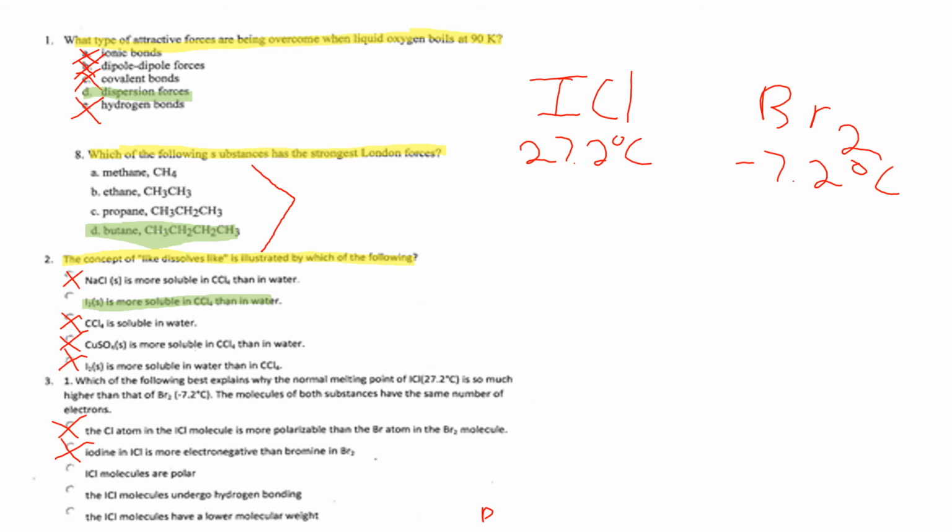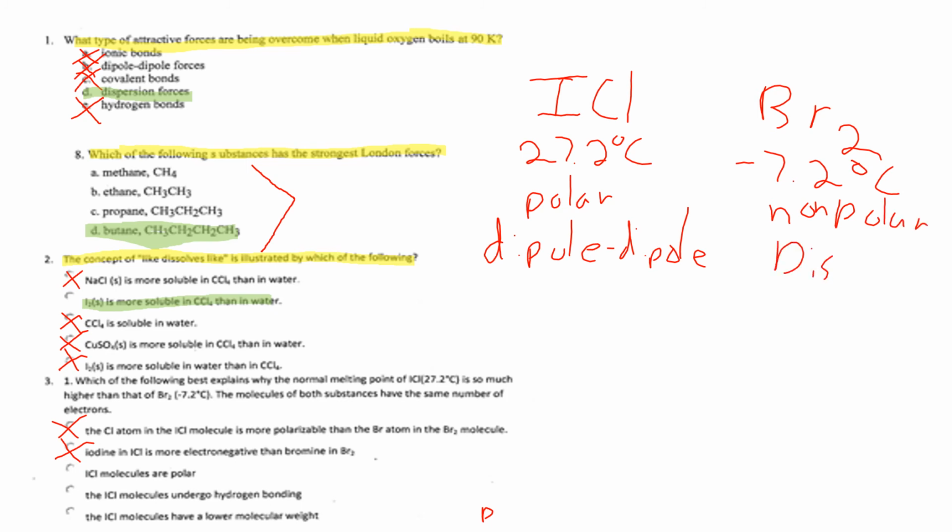Next statement says ICl molecules are polar. Well, are ICl molecules polar? The answer is yes, these are polar molecules. So being these are polar molecules, what does that mean? That means we have that dipole-dipole interaction. What do we know about Br2? Well, Br2 is nonpolar. So that means we just have dispersion.